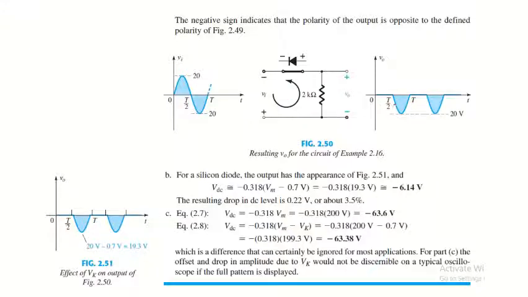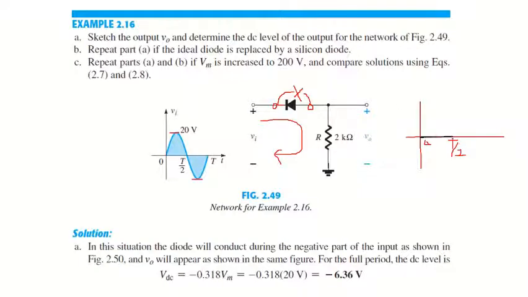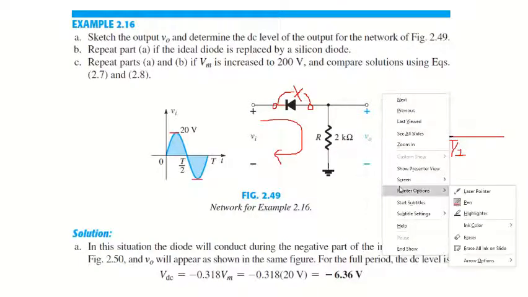So this is the final figure. It is showing 0 to T by 2 is 0, whereas T by 2 to T is the original signal, in which the lower half is shown here. So if I plot it here, then it will be like this one.